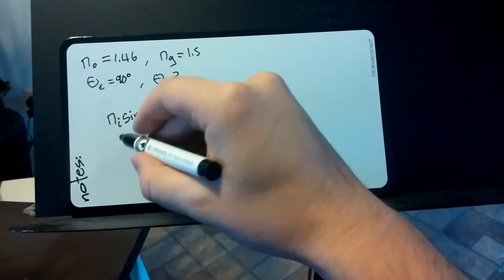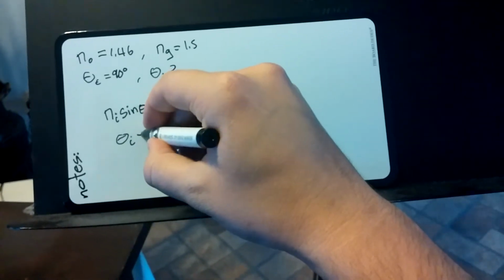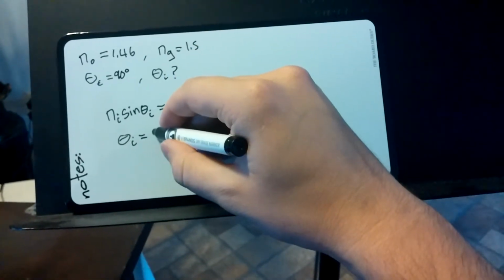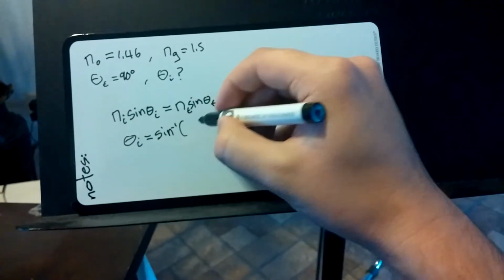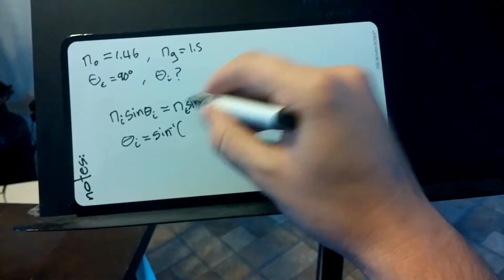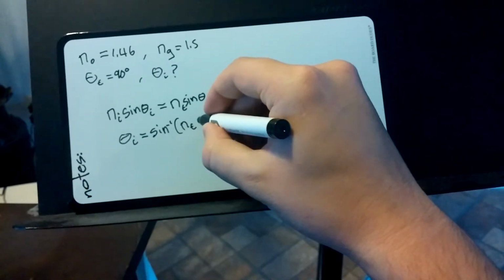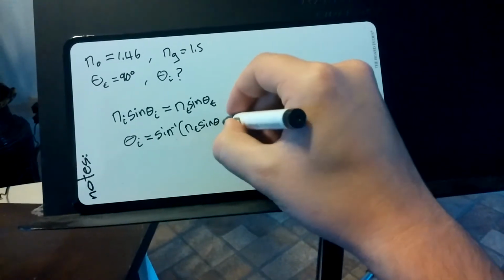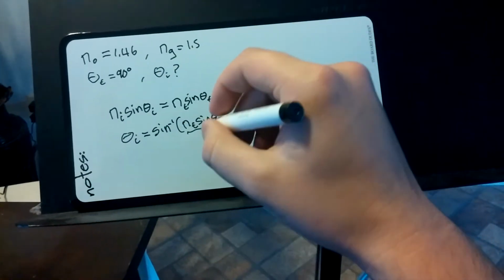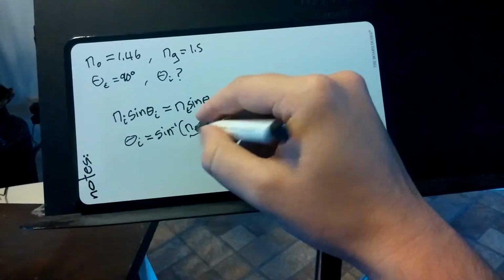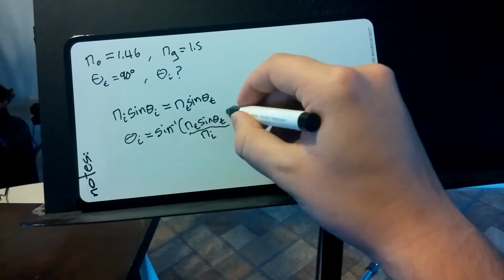So if we rewrite that, we have the angle of the incident equals the arc sine, and this is just algebra that we're doing here, of all this side of the equation, the index of refraction of the transmitted times the sine of the angle of the transmitted, just this inside the parentheses, over the index of refraction of the incident.